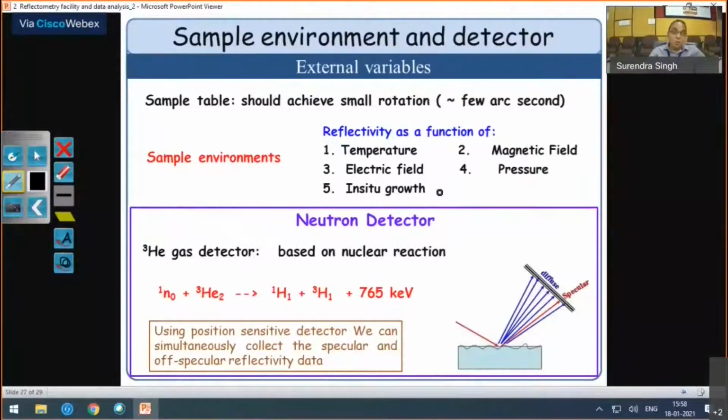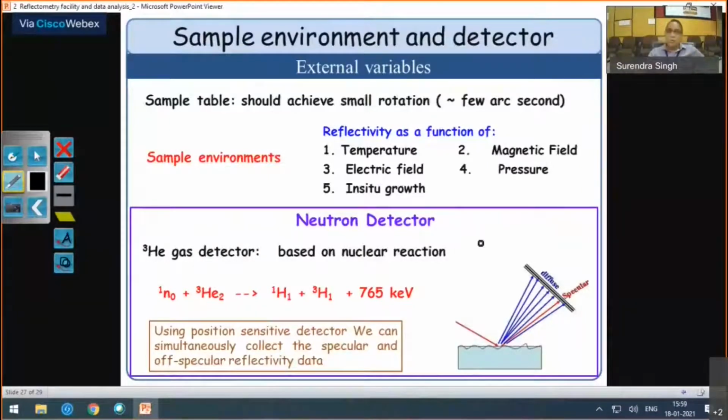All those arrangements should be available on your sample table: magnetic field, pressure. But if you are doing the theta variation mode, the rotation of the table should be within a few arcseconds, because in that step we do the reflectivity measurement, and your sample should have all the environment.